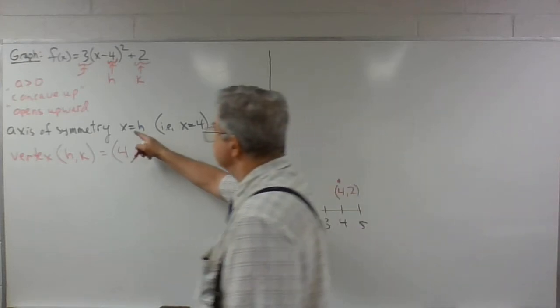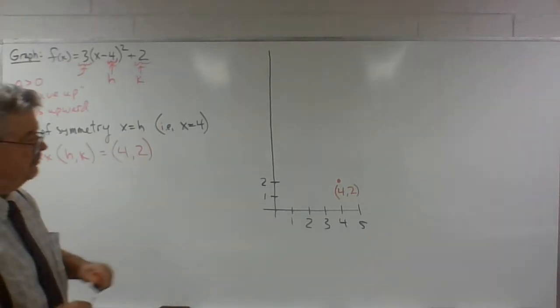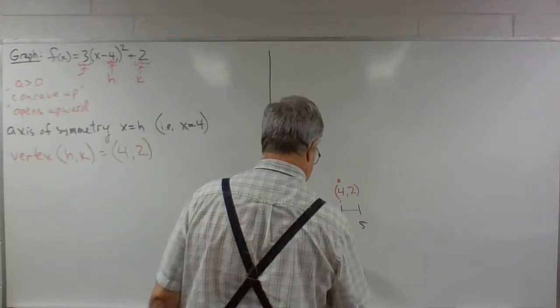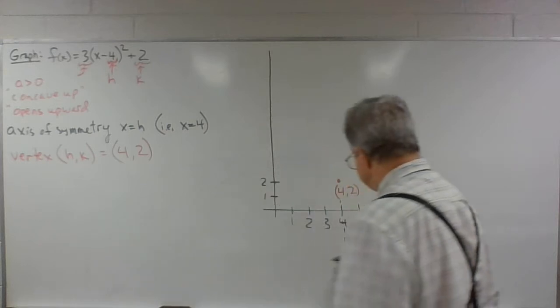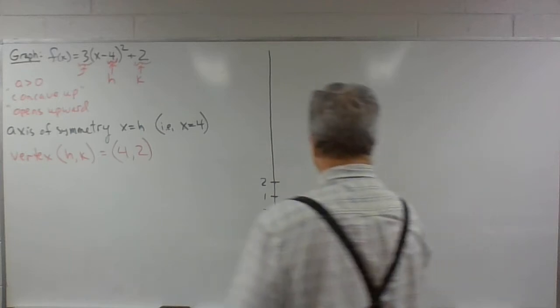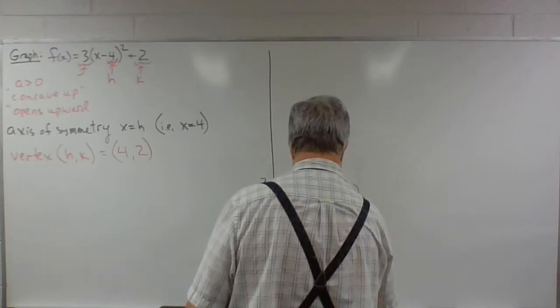And the axis of symmetry is the line x equal h, which means it's a vertical line that goes right through the point x equal h. Yeah, it sure would be nice if I could draw a vertical line, huh?